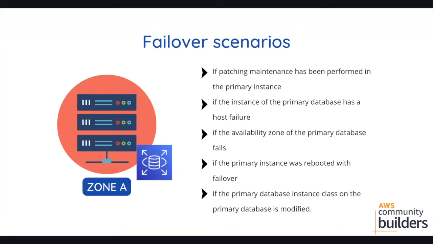Whenever the failover happens, the DNS typically takes 60 to 120 seconds, and the length of time depends on the size of the database. If the database is very heavy, it may take time to replicate. Even whatever transactions or activities are happening, or any long queries running on the database, may result in a longer failover.